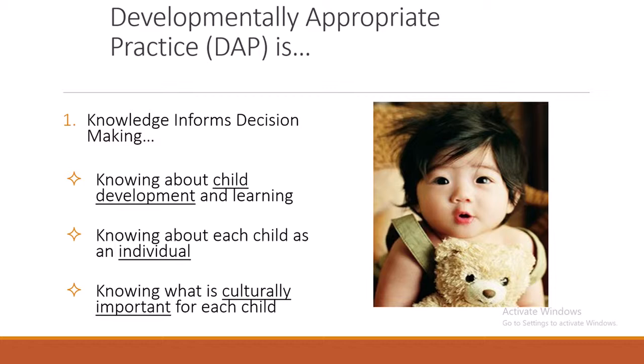And so I've provided lots of resources and encouraged you to check out your state early learning standards because that's a really great resource that gives you some of this information in terms of what children know and are able to do across the domains of development.